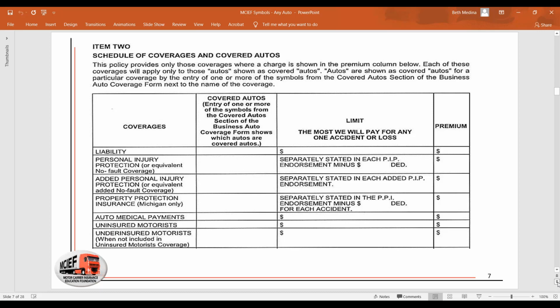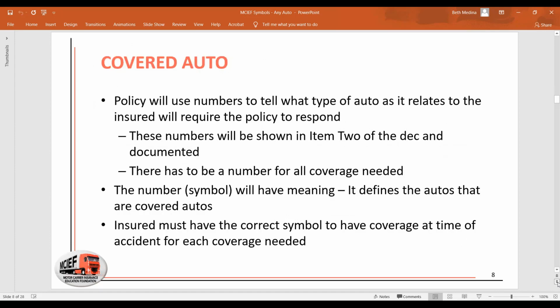Obviously, some states like Florida and Michigan have personal injury and additional personal injury protections. Some states have property protection, as a part of Michigan only. Med pay and uninsured motorists are the other areas that deal directly with auto liability concerns. But the one we're going to focus on here is item 1, liability, and the symbols that trigger it.